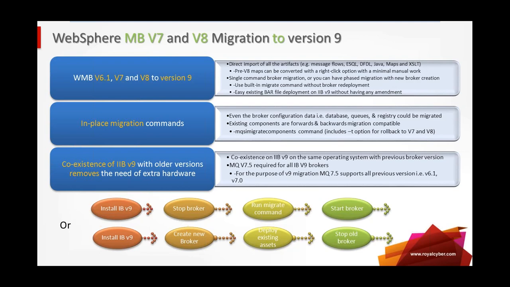When migrating from versions 7 and 8, it is very easy, and more or less the steps are the same for version 7 and version 8. We will talk separately about migrating from 7 or 8 to 9, and from 6.1 to 9, covering the detailed steps for each.